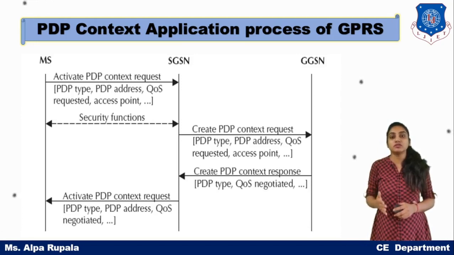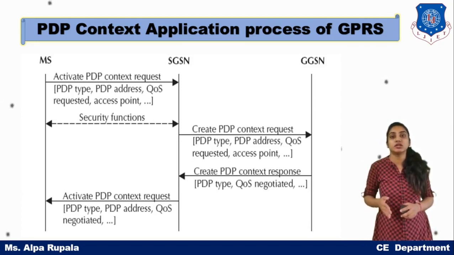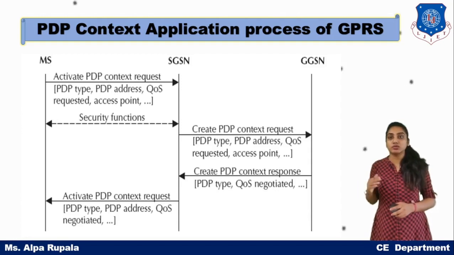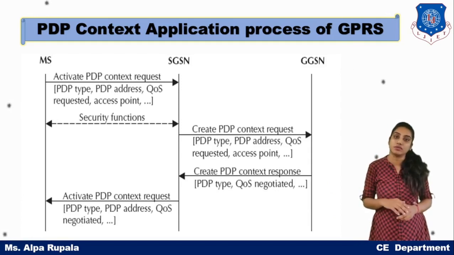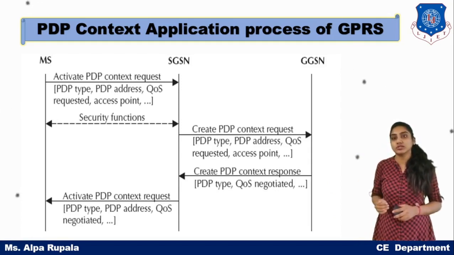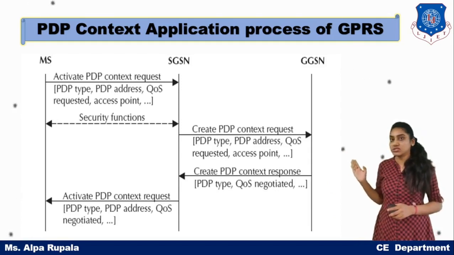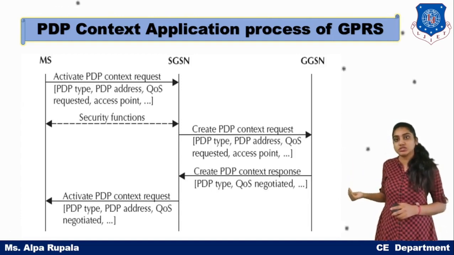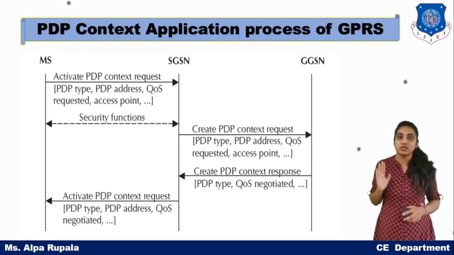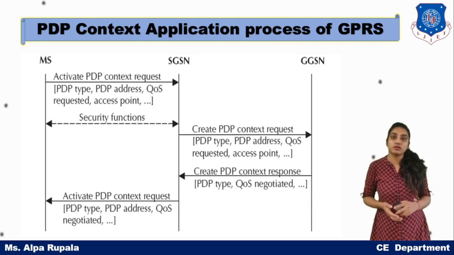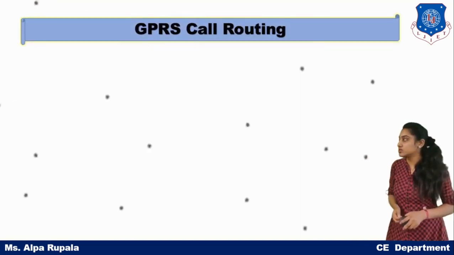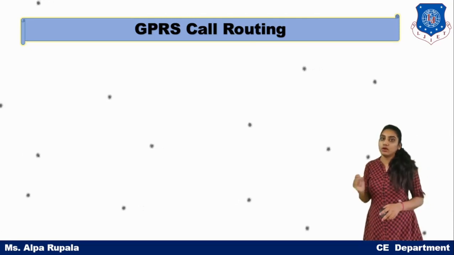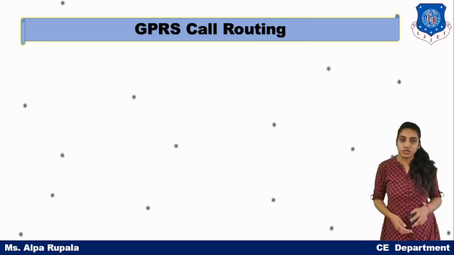That response will be the QoS negotiation response sent to the relevant SGSN, and the SGSN will send it to the MS. So this is the whole process: from MS to SGSN, SGSN to GGSN, GGSN to SGSN, and SGSN to MS. This process is basically the first step of your GPRS call routing.